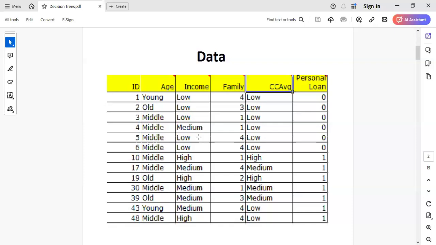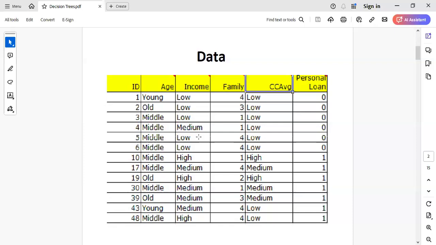So these are some of the columns that we have, and in each column, if you go for age, we have young, middle, old. These are called classes, levels, or categories. Income, we have low, medium, high. There are three categories, levels, or classes in income.